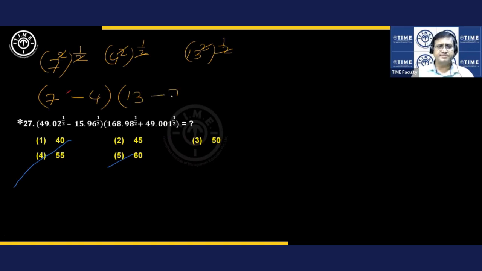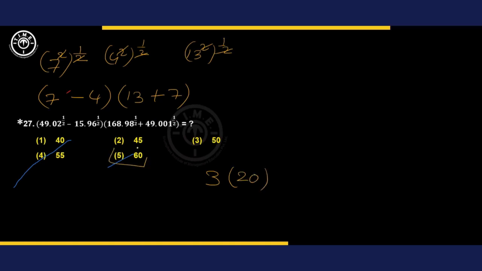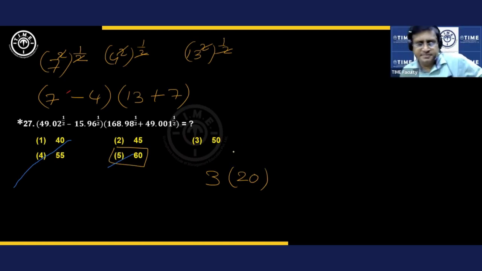That is 7. 7 minus 4, 3. 13 plus 7, 20. The product of these two, that is option number 5. Fifth choice is the right answer.